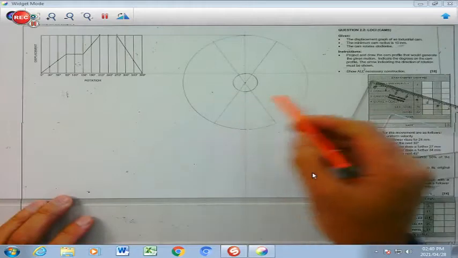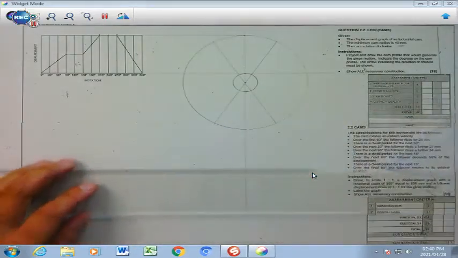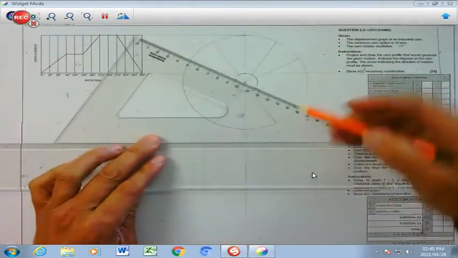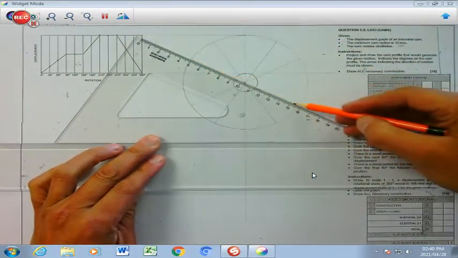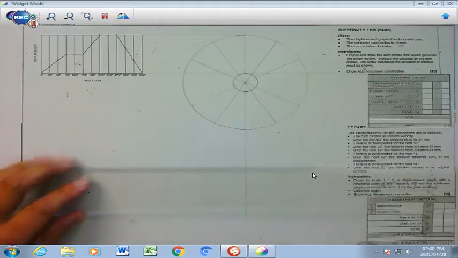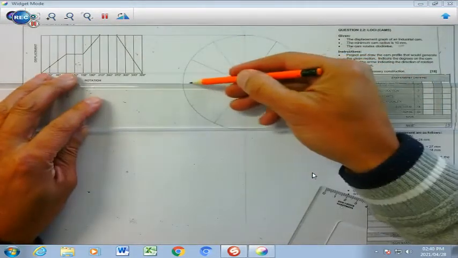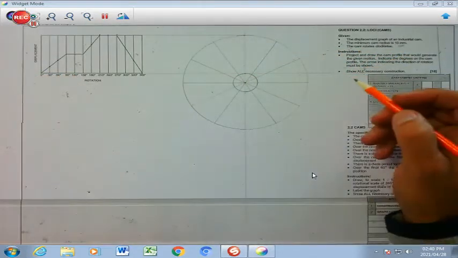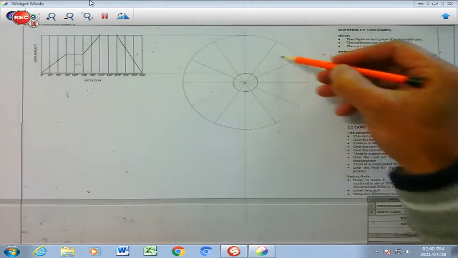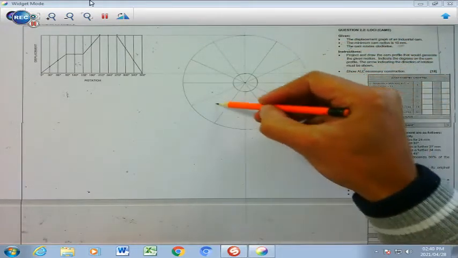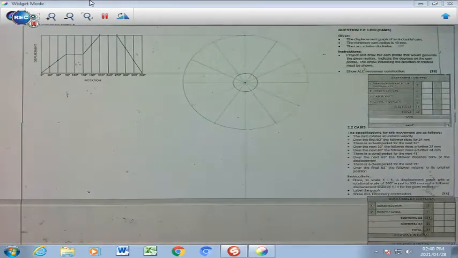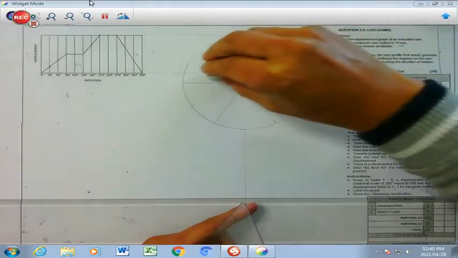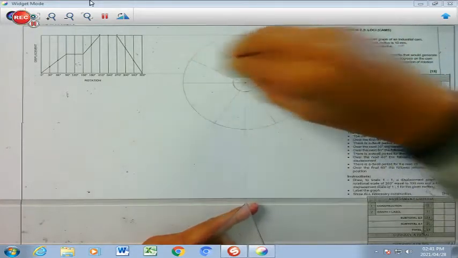I already have the 2 now, so I'm going to turn and flip it to the other side and draw 30 degrees to that side there. And then lastly, I'm just going to draw a horizontal line from there to there. And now if you check 1, 2, 3, 4, 5, 6, 7, 8, 9, 10, 11, 12. What I am going to do though is just erase this line, not to cause any sort of confusion there.